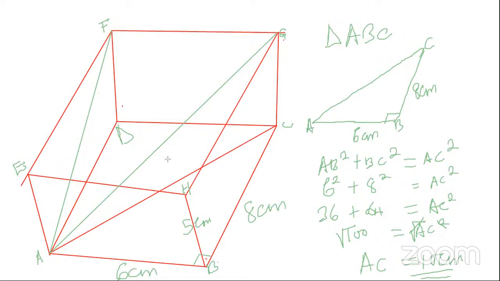But the idea there is you join and form a right-angled triangle. Then you use that right-angled triangle after extracting it, and then you apply Pythagoras theorem. So there you'll be able to find all the three sides.